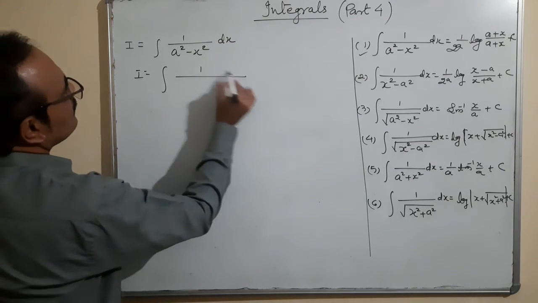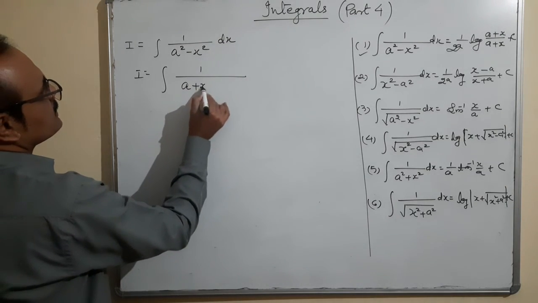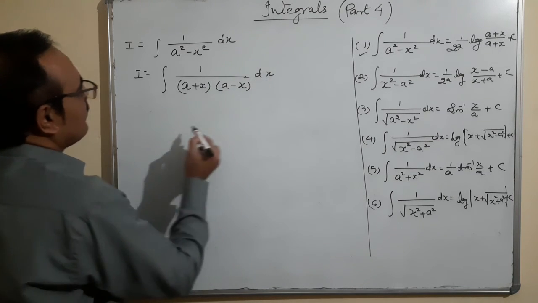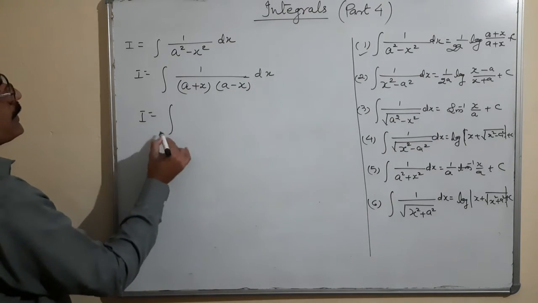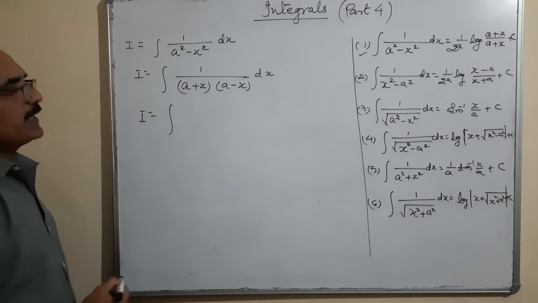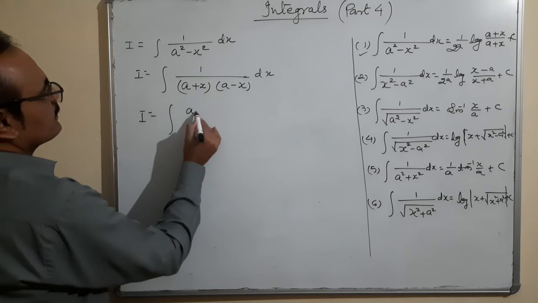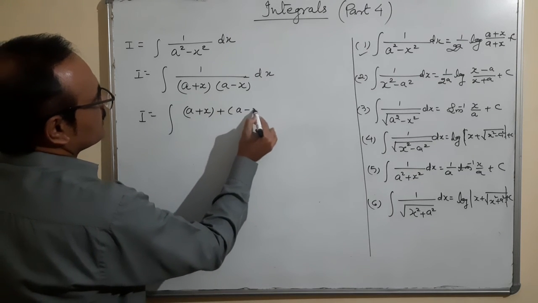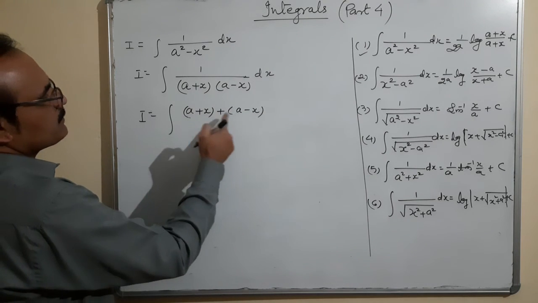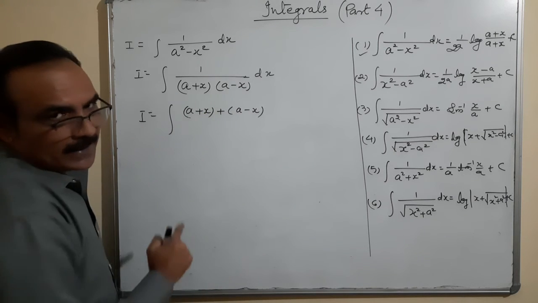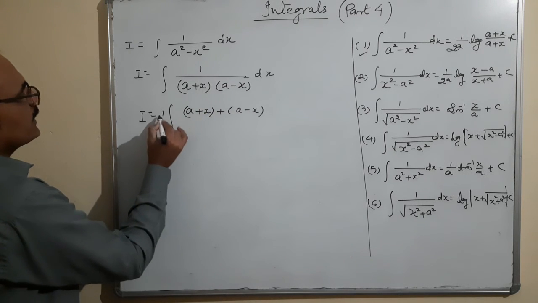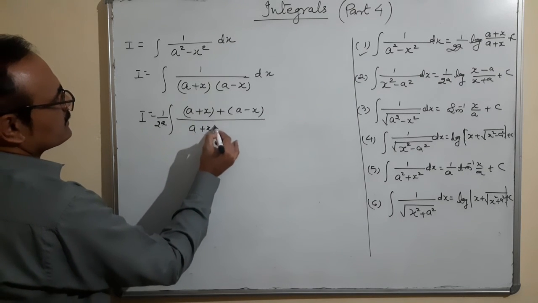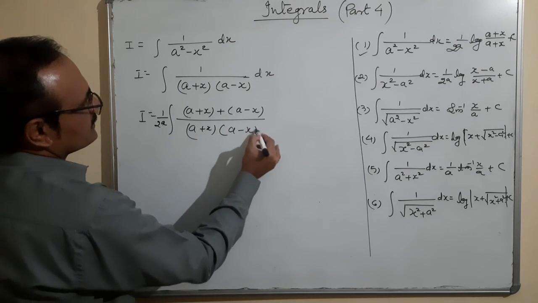1 upon a square minus x square, I write as a plus x times a minus x, dx. I want to create the numerator in the form of a plus x, a minus x. So I write a plus x plus a minus x; the x variable cancels and a plus a is 2a, so for balancing there is a 2a, upon a plus x and a minus x dx.